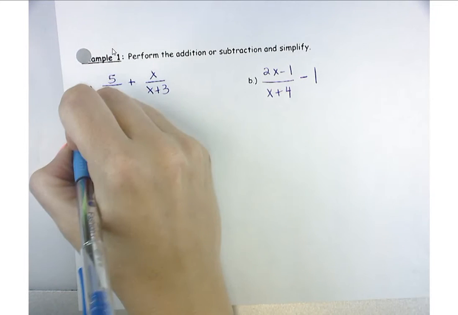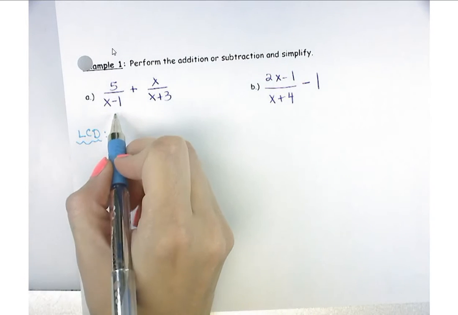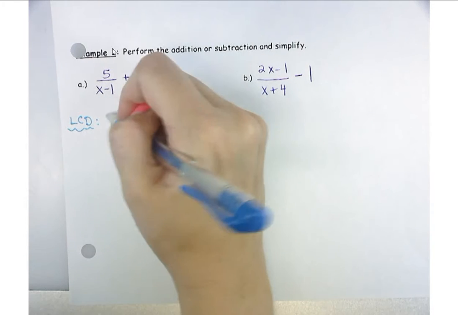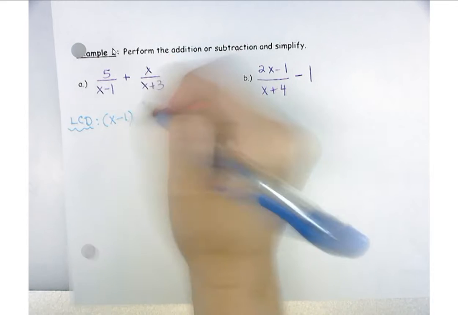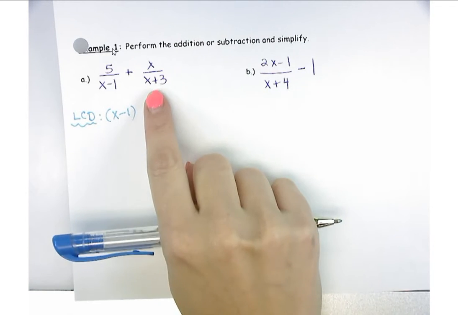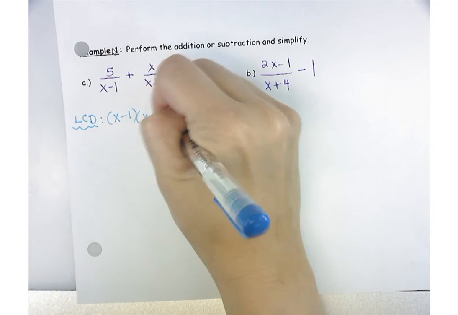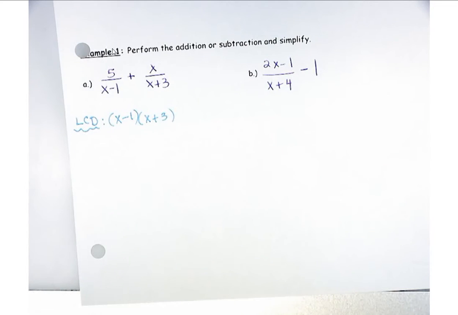So for the LCD, what I do first is I just look at the denominator of the first one, and I put that as part of my LCD. So x minus 1 has to be part of my LCD. For x plus 3, if that's not already included, then I have to put that down next to it. And those are the only two things I'm adding together, so that's going to be my LCD.